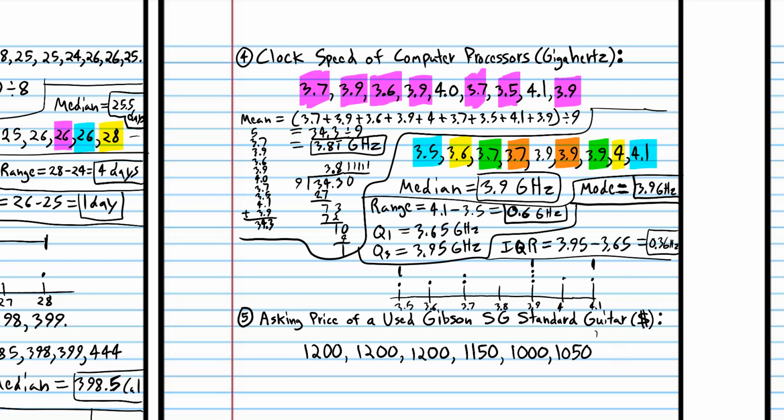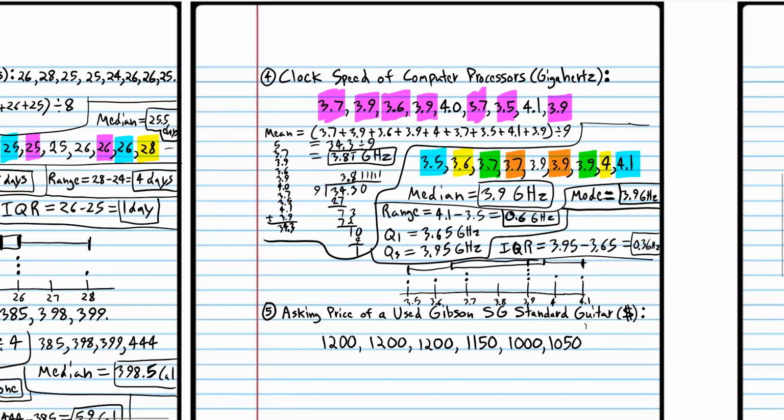We're having to write small here. Vertical line on Q3 and Q1. 3.95 is about there. 3.65 is about there. So then draw your box. Sorry, it's kind of cramped here. And there you go. That's your box plot.